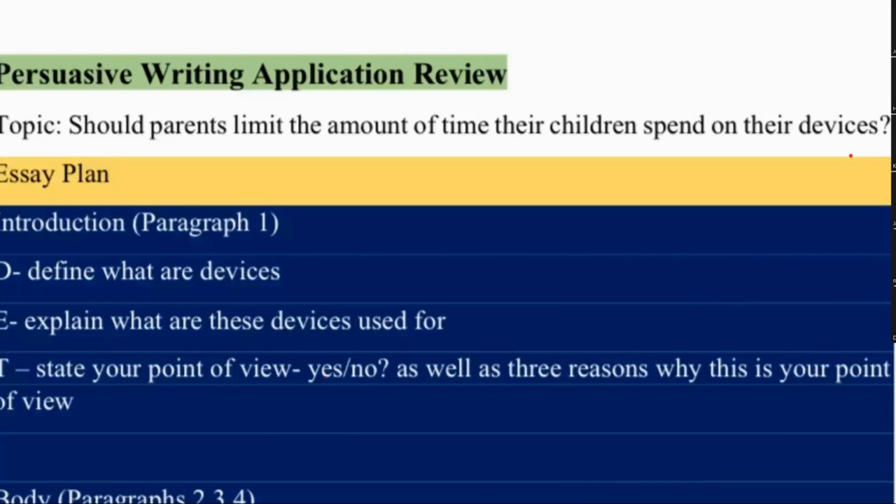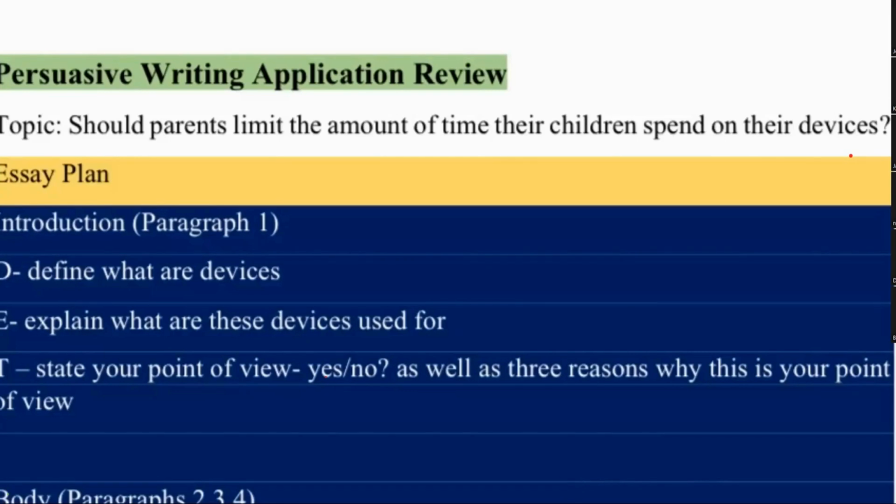And then we would explain that these devices, children often use to research homework, or they would use it for entertainment, playing video games, watching TV, their favorite shows. That's the explanation. The thesis now, this is where you come down and you say, however, despite knowing the positives of using devices, parents must control the amount of time because, and you put your 3 reasons.